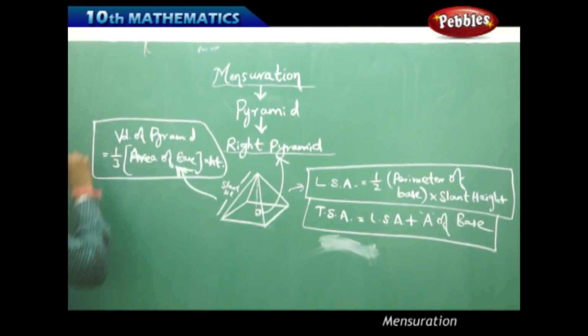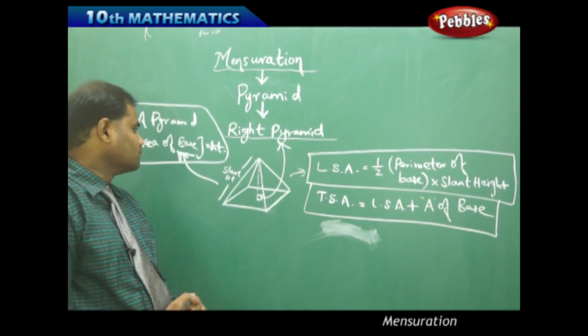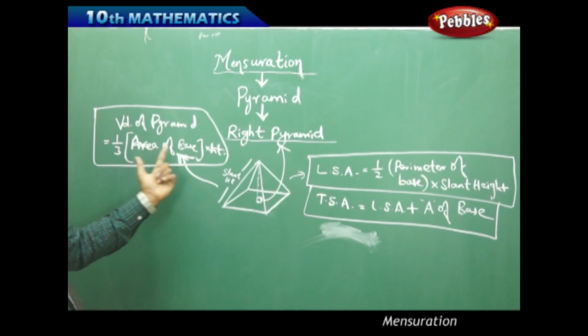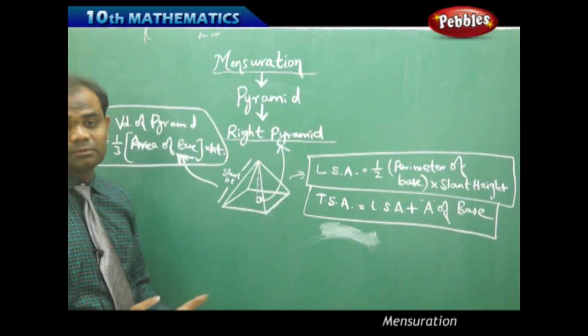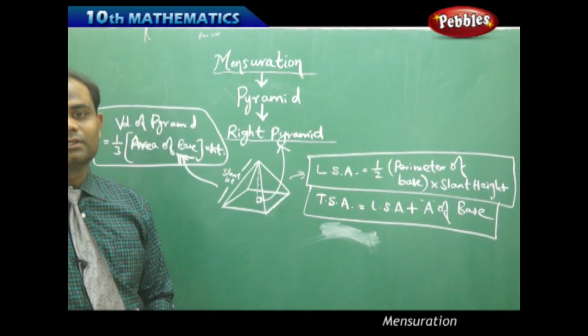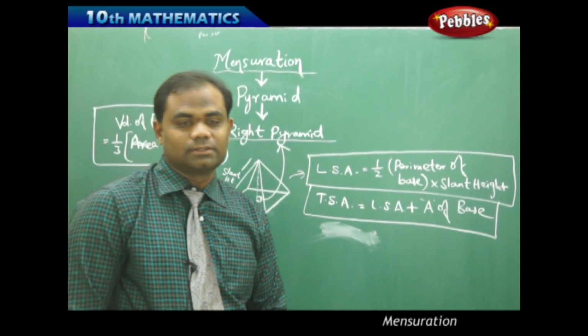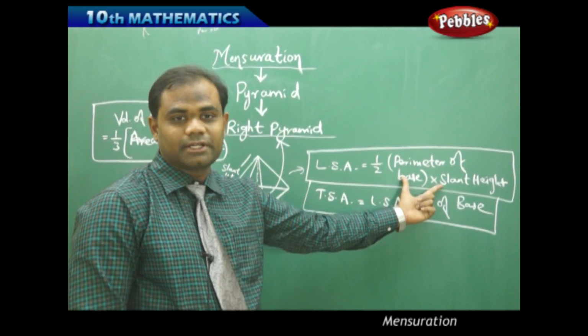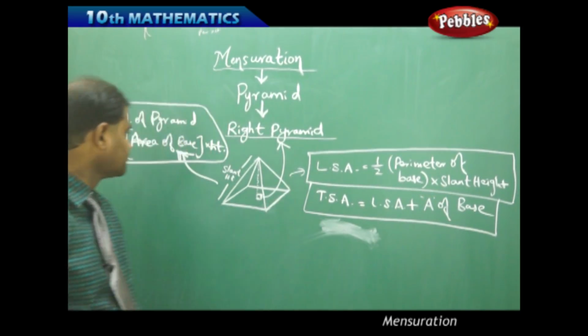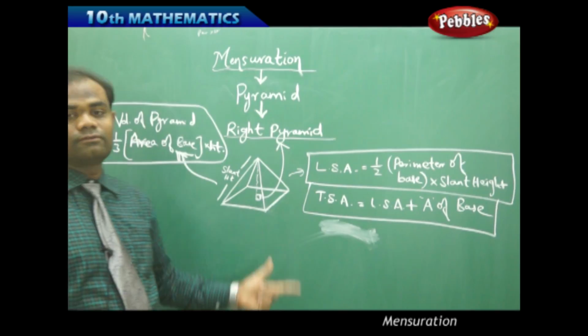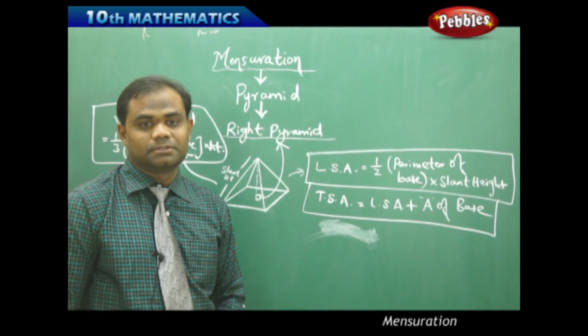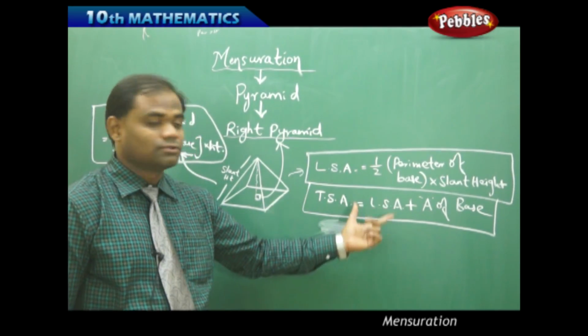So this is the volume of pyramid, which is 1/3 of area of base into height of the pyramid, which gives me the volume of the pyramid. The lateral surface area, the total surface area, and the volume of the right pyramid we get through these formulae.